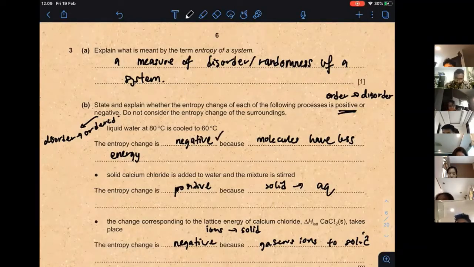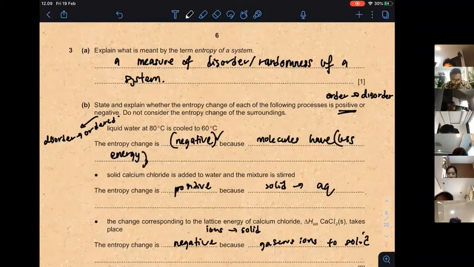And if you want, you can say that they are going to become closer to each other, whatever you want to mention. But the marking key will accept negative and the less energy. This is going to be the one that will be accepted.